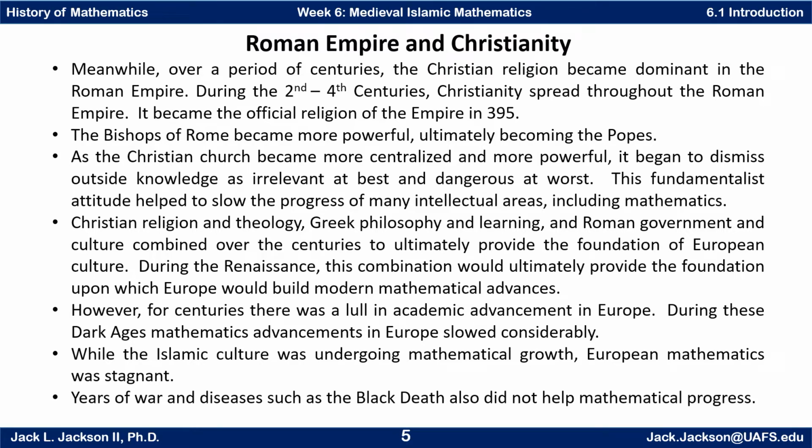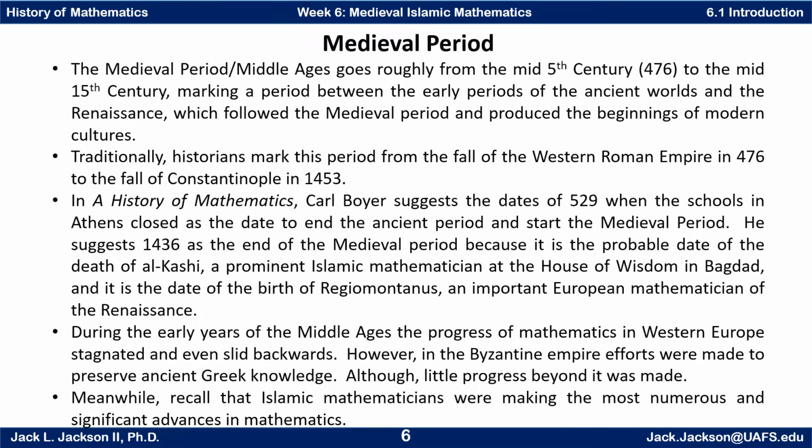So while the Islamic culture was undergoing this mathematical growth, and sort of a renaissance of ancient knowledge and adding to it, European mathematics was pretty stagnant. And years of war and diseases such as the Black Death also did not help mathematical progress any.